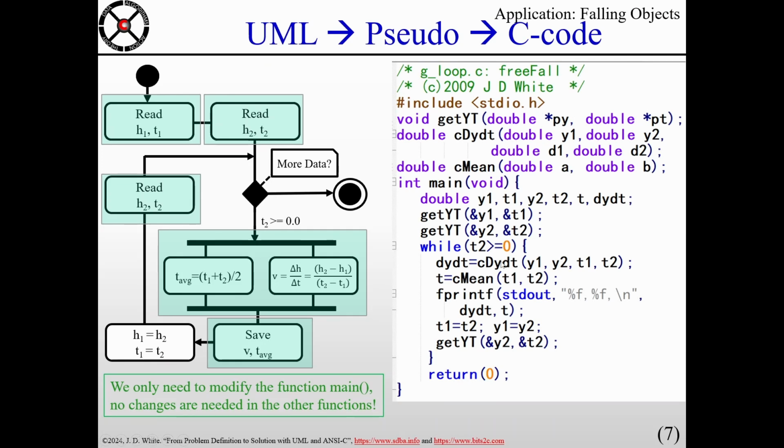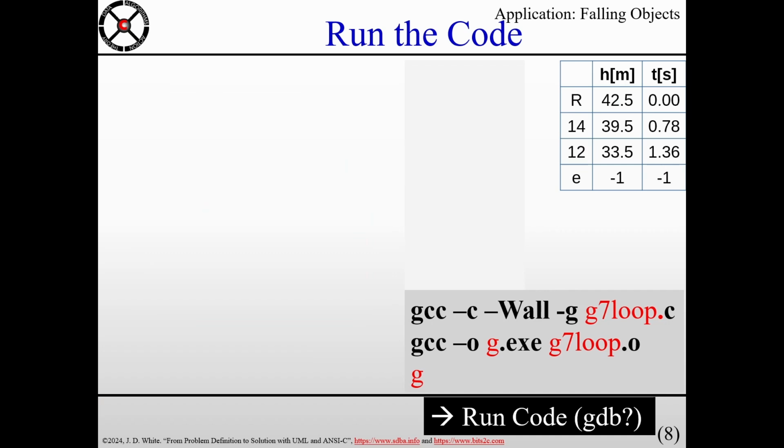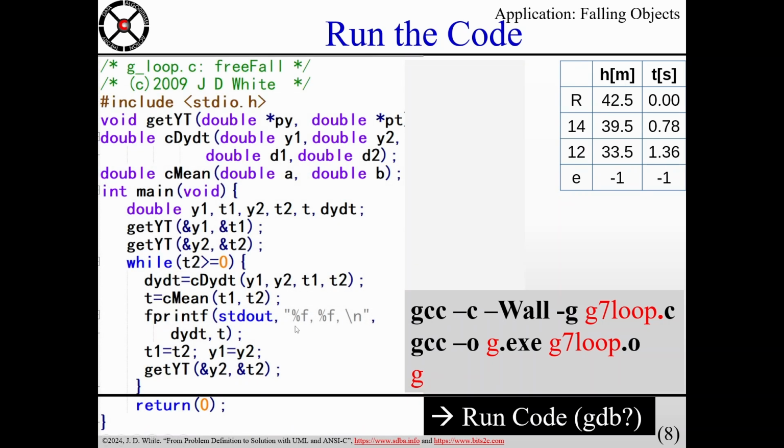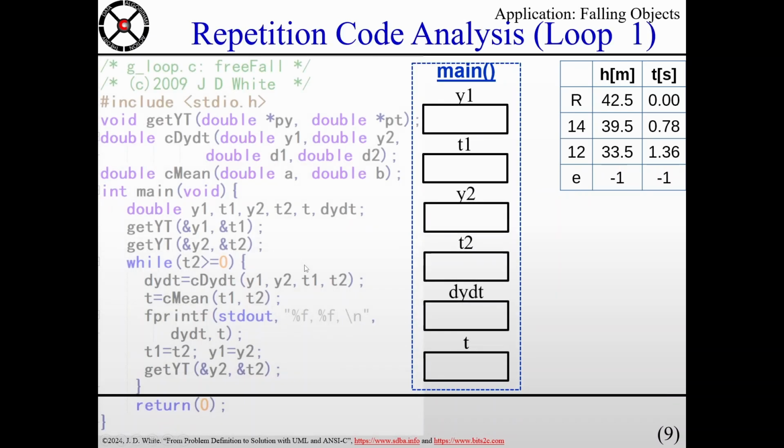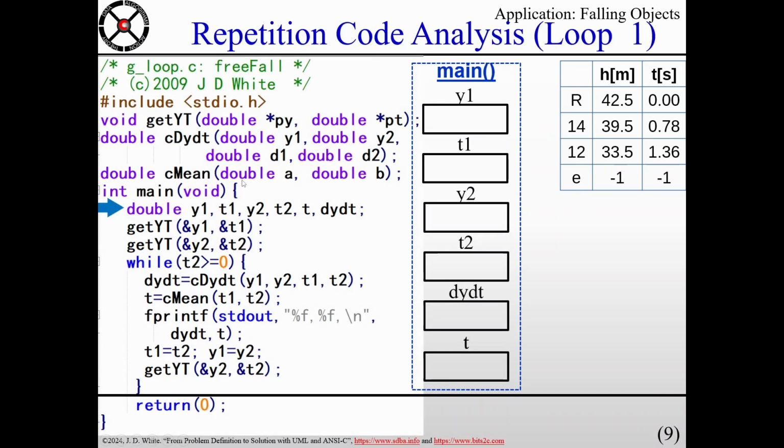Now there's our code here. We ran the code. Now let's walk through the code and analyze how it's working. There's loop.c. The first line declares all our variables in main.